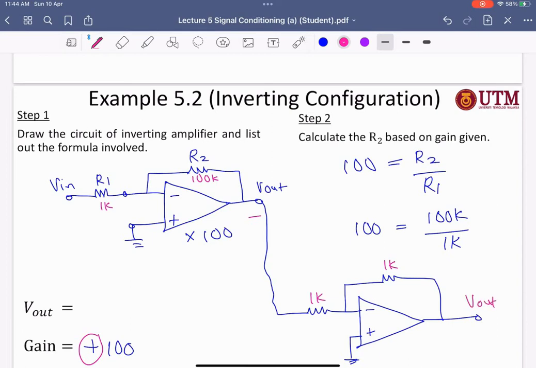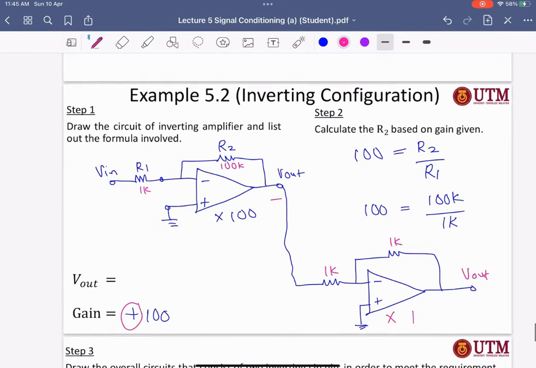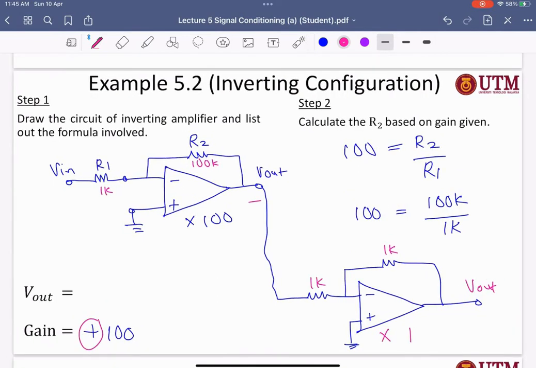This one, you multiply the gain by 1. So this is how you get a positive gain of 100. The concept is like this. This is the first question, for inverting, the easiest one, right?